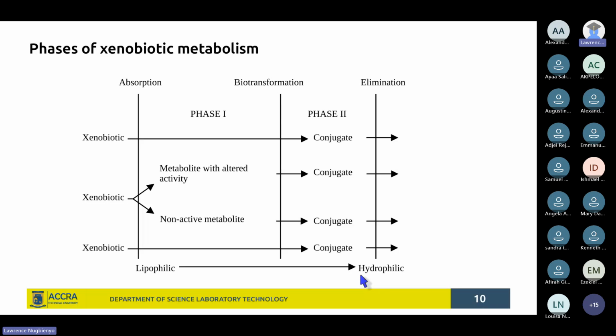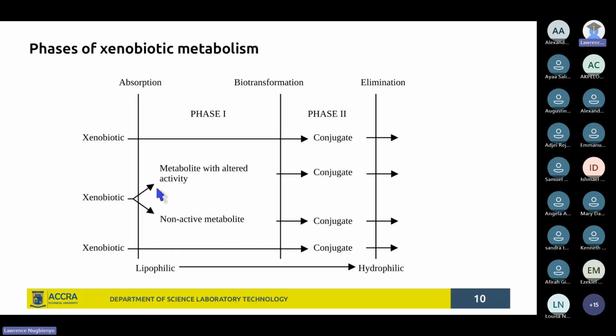Now, other things can also happen. You can have the xenobiotic undergoing a phase 1 process, which is some metabolism that is not conjugation per se.